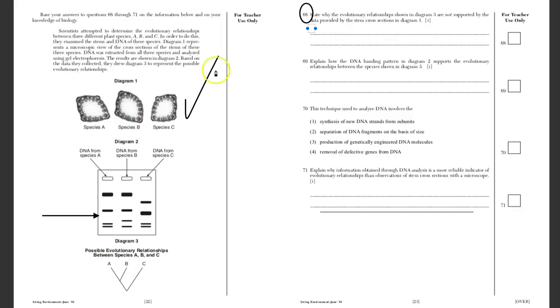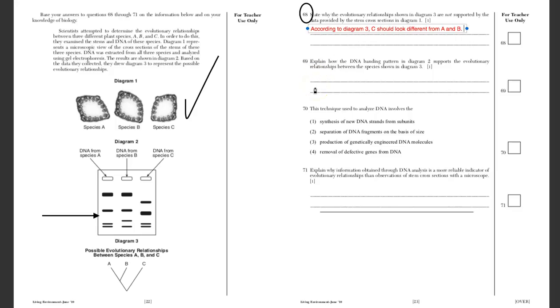So if that's the case, the stem of this should be different. So here, what you can put is, according to diagram 3, C should look different from A and B. That's it. That's all you have to say. Don't reinstate the question. They only give you 2 measly lines.